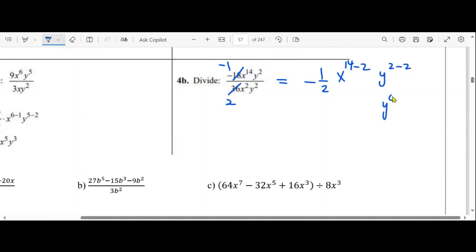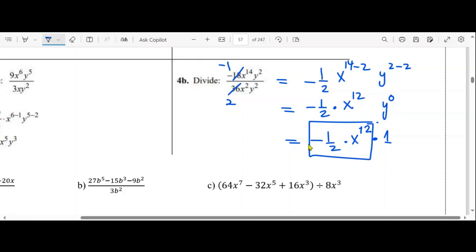So they give you how much? Y to the power of 0. How much? 1. And this gives you what? X to the power of 12 times what? Negative half. So your final answer will be what? That's your final answer. Easy as easy? You don't have to write the 1 because the 1 will not affect the whole equation.